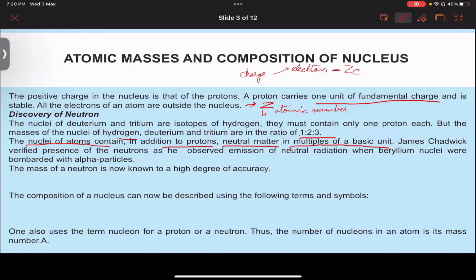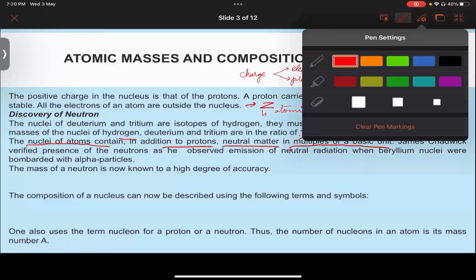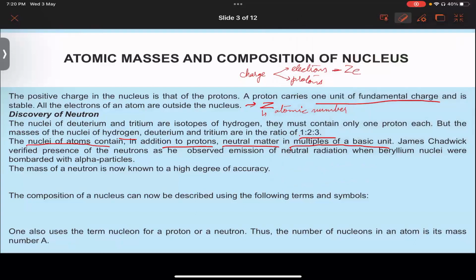Here e is the electron charge, and for protons in the nucleus, let us write nucleus, because we've still not discovered the neutrons yet, the nucleus has the plus Ze total charge.